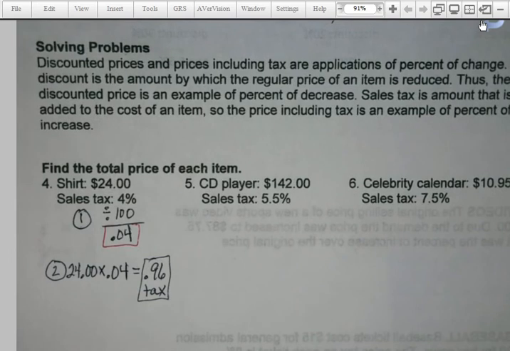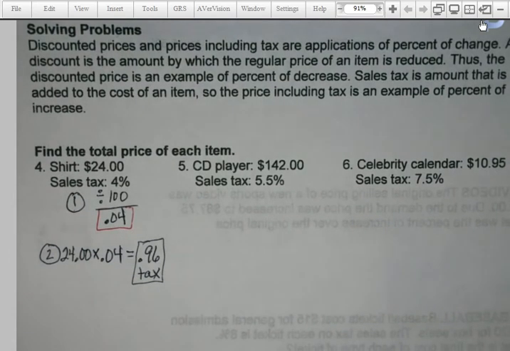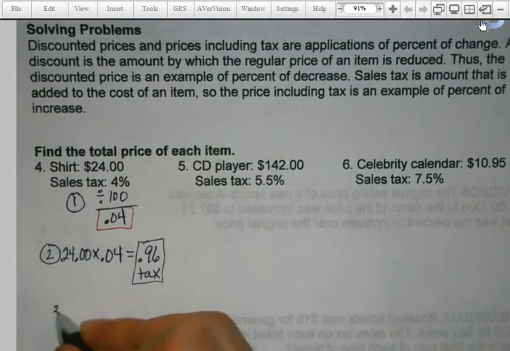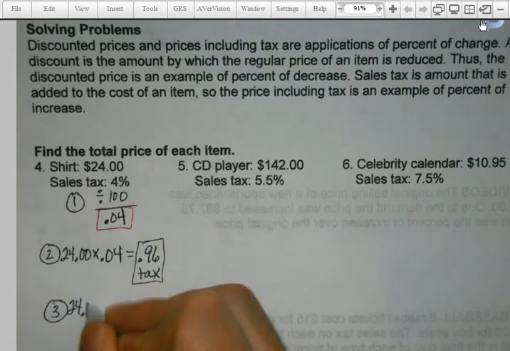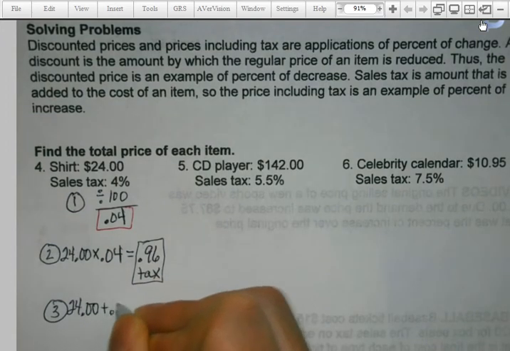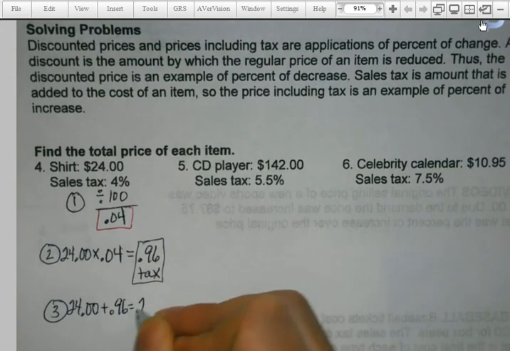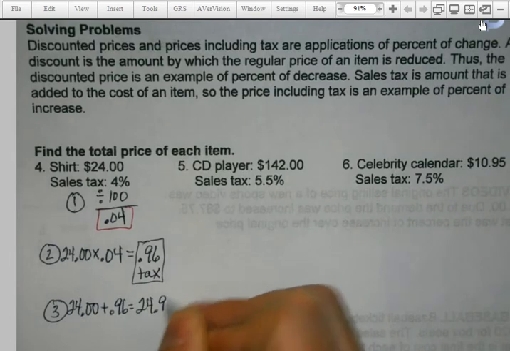So first I got the sales tax into its percentage, like a decimal. Next, I got the 0.96 for my tax. So my last step then is to take the price of the item plus the tax. And I'll know how much this is going to cost me.